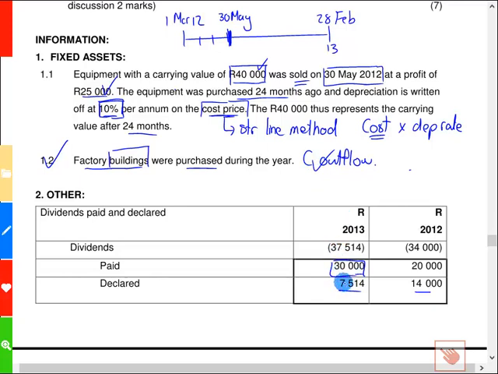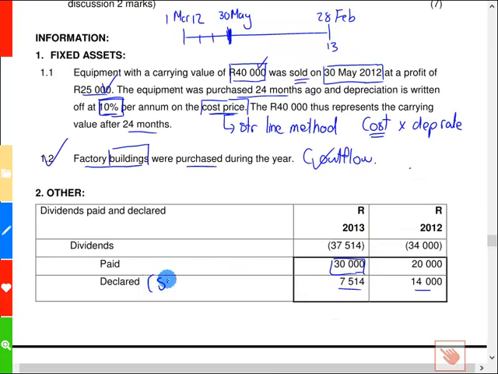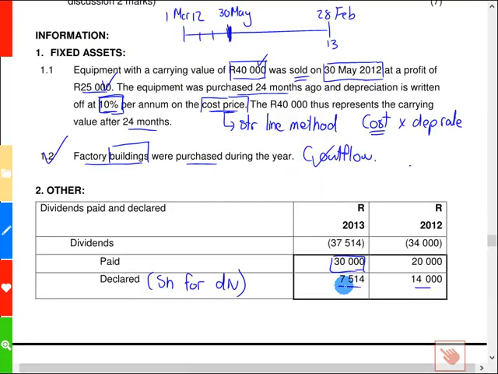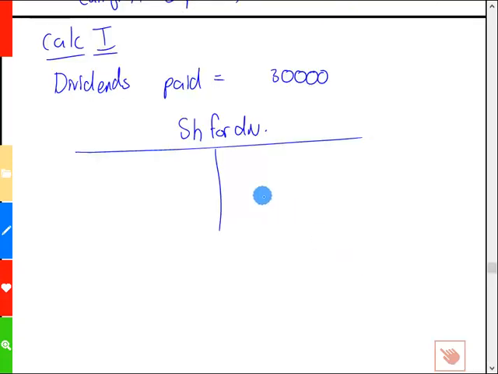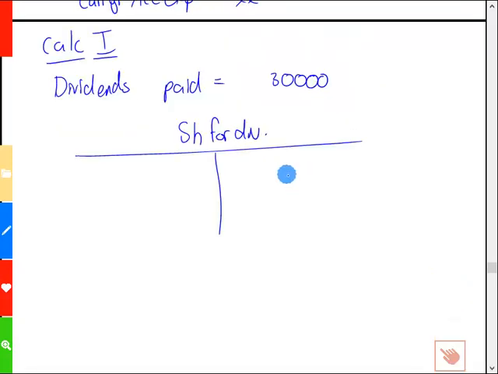And the declared dividends, you can think of this as your shareholders for dividends. Okay, so our shareholders for dividends account looks something like this. At the beginning of the year, the balance is 14,000 Rand. Which side does the balance go at the beginning of the year? Yes.